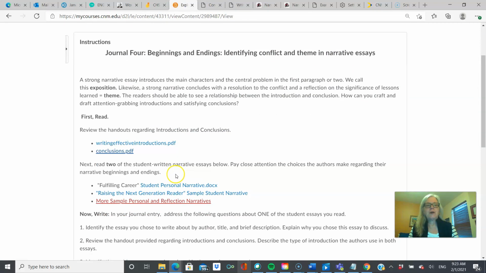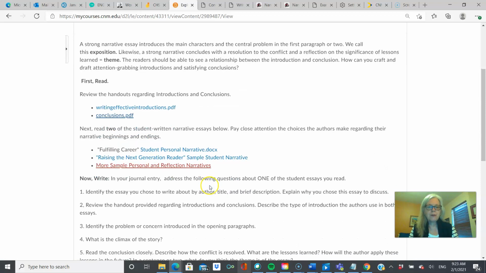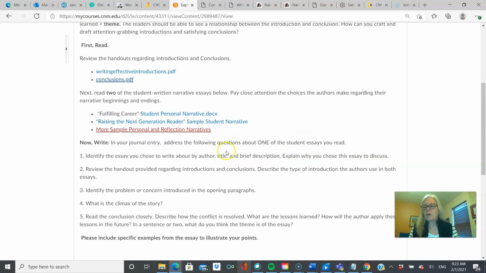All right, so you have the student essays here, more sample student essays. Read at least two of these. Choose the one that you think is going to be most useful, and you may choose from this whole collection here or the two student essays written by C&M students. You're going to read two or three, choose one, and in your journal entry, address the questions.